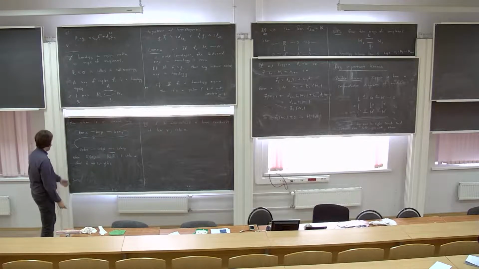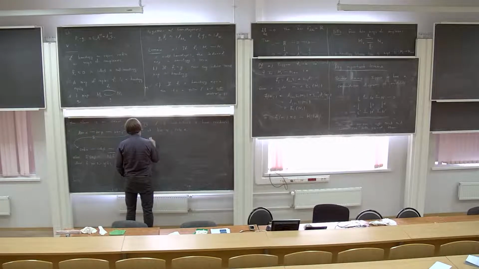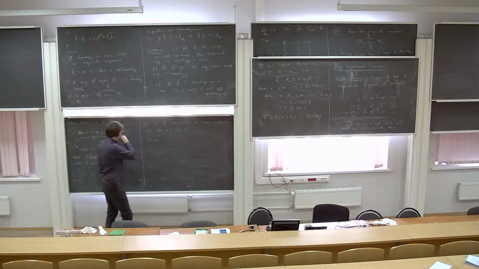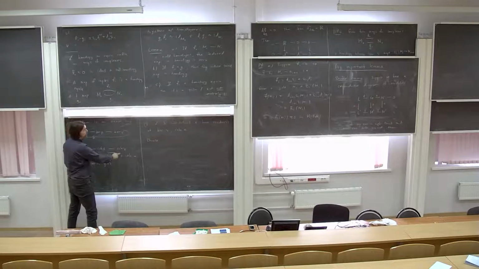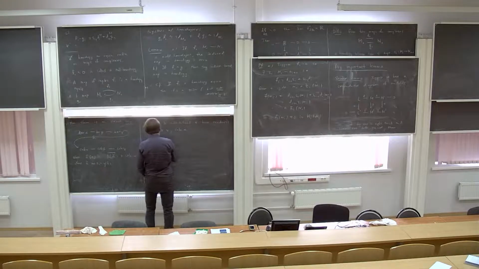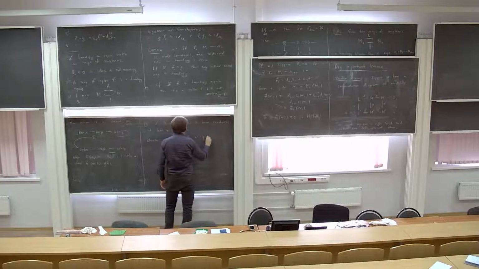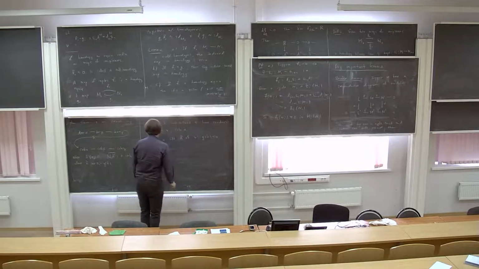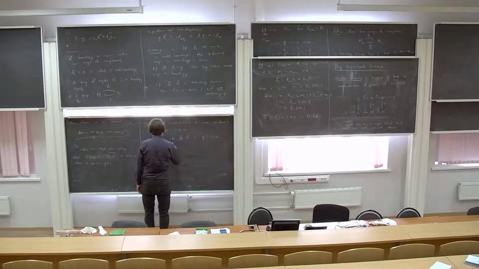So let me spell out this construction more. The first thing I'll do is show you that this beta of n tilde is really in the image of f prime. So choose a lift n tilde of n, so g of n tilde equals n. Then let's consider beta of n tilde.